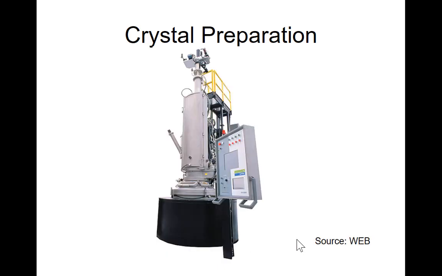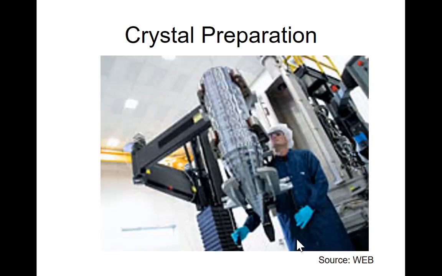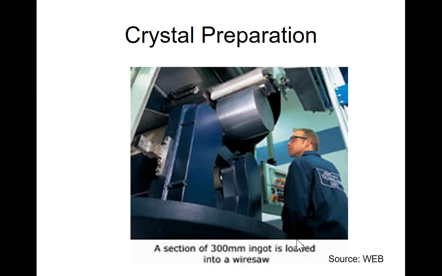So after you have the ingot, and after it stabilizes, what you do is you remove some of the outer part, make the diameter exactly the same as you want, with the desired dimension.